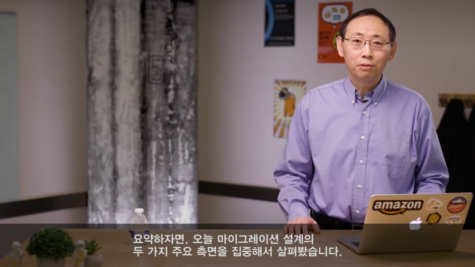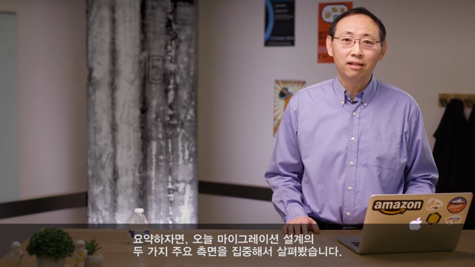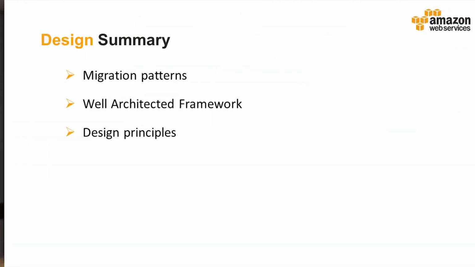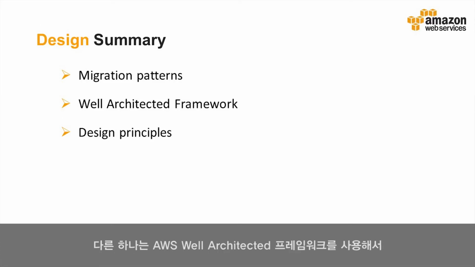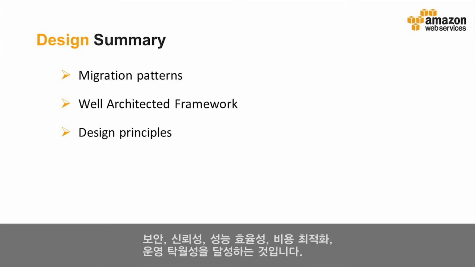In summary, we highlighted two major aspects of migration design. One is determining migration patterns and in turn the migration approaches. The other is using the AWS well-architected framework to achieve security, reliability, performance efficiency, cost optimization, and operational excellence in the AWS cloud.